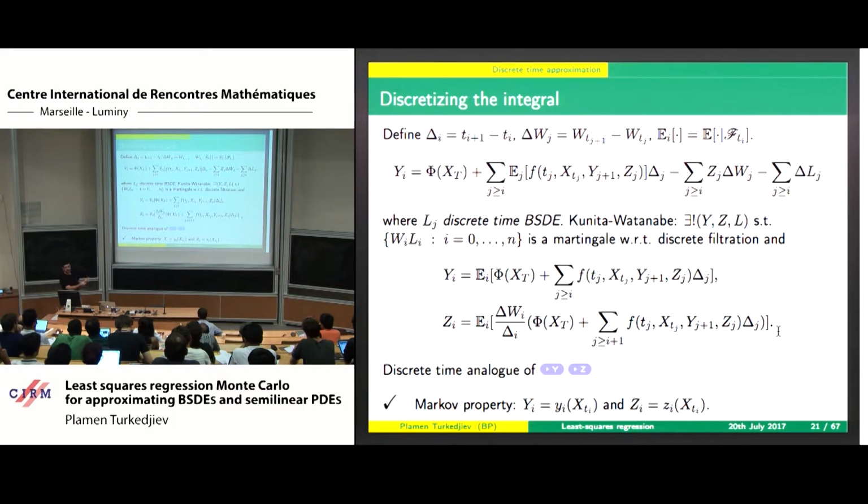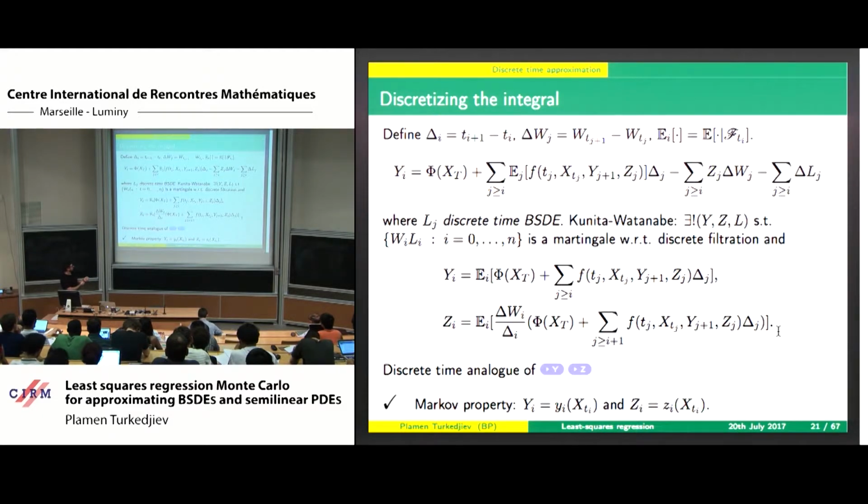You also have to take off a little bit more. And Kunita-Watanabe tells us there's actually a unique triple Y, Z, and L such that the product between W and L is a martingale. So this is a strong orthogonality property.